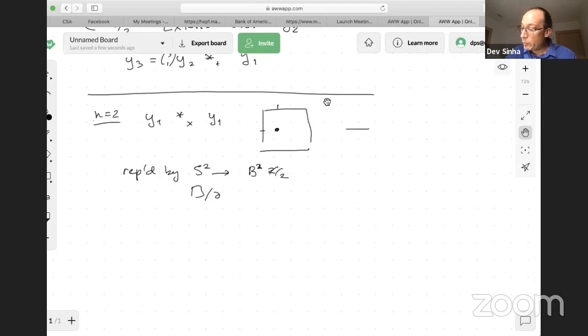And this is dual to this iota 2 in H upper 2. This is kind of a fundamental class, as people sometimes call it, because it's the one that you're applying Steenrod operations to. So in general, y1 star plus to the n times is going to be dual to this iota n.